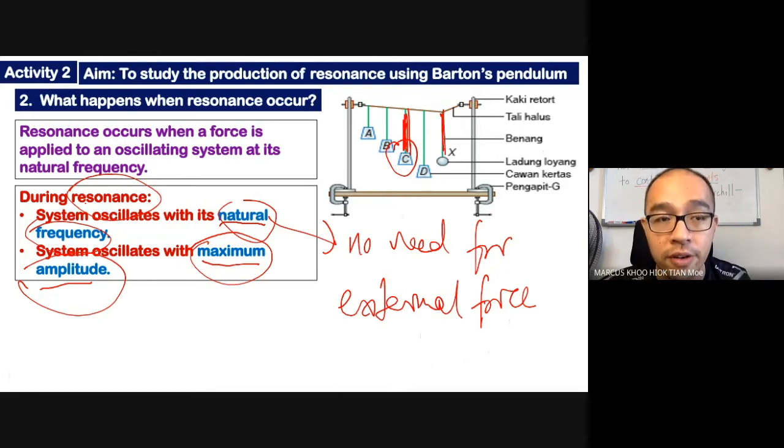So that's the meaning of resonance. Resonance occurs when a force is applied to an oscillating system at its natural frequency. So correct, there is no external force in that sense, like there's no one outside pushing, but there is a force that is being applied at the natural frequency. That's when resonance occurs.